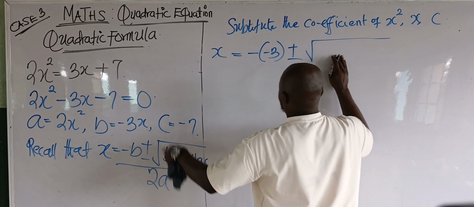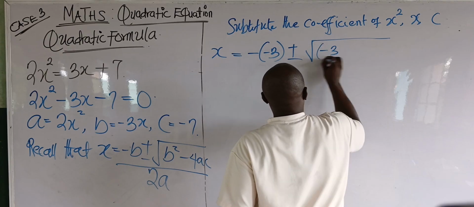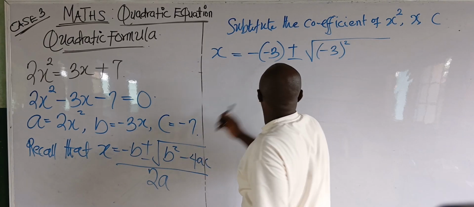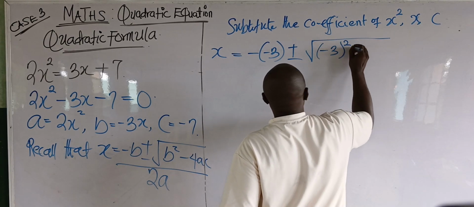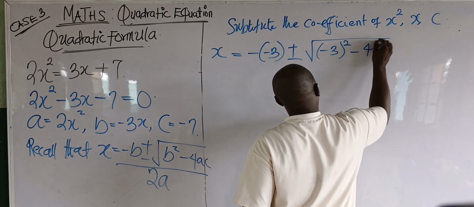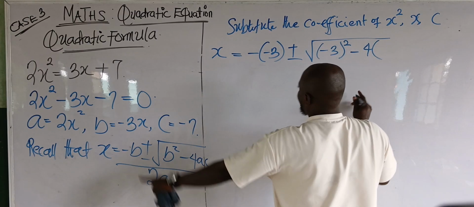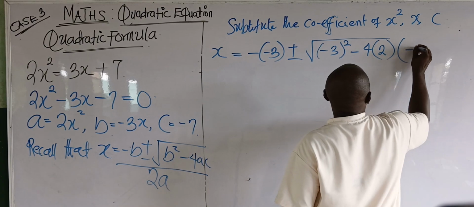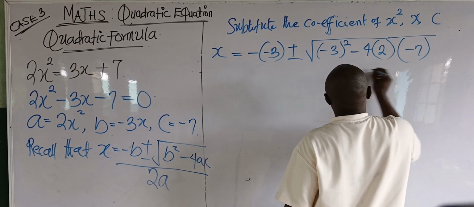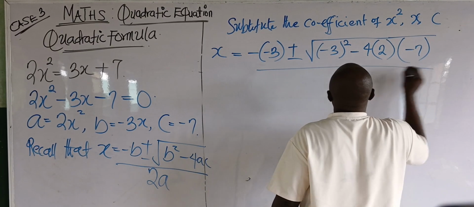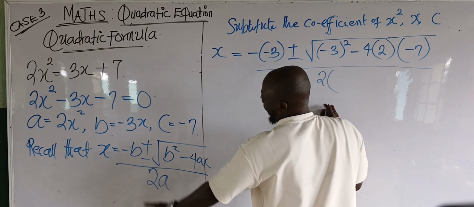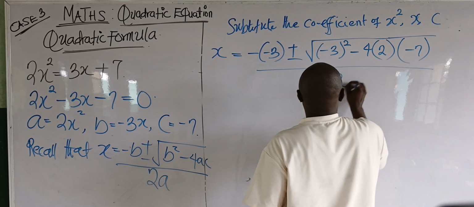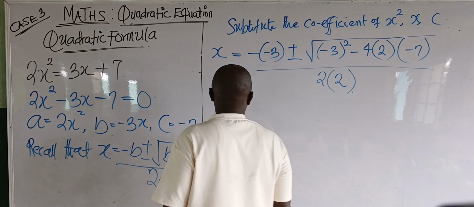My b is still minus 3, and you have to square it because this is having a square. Next I have minus 4 into bracket a, c: my a is 2 and my c is minus 7. All over, I have 2 into bracket a, 2a, and my a there is 2.